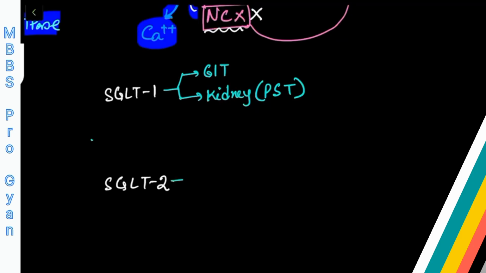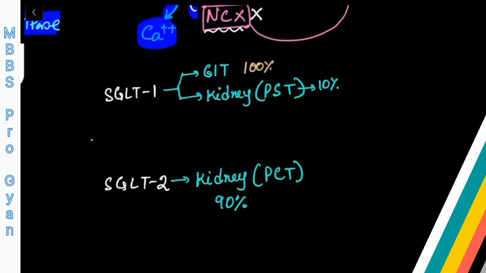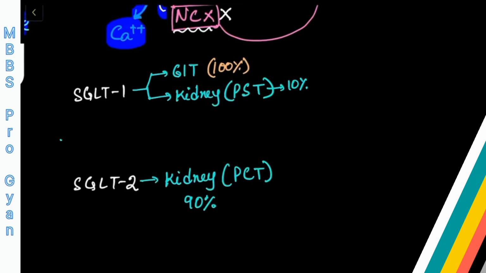Remember, the proximal convoluted tubule contains SGLT2, which absorbs 90% of the glucose from the kidney, and only 10% of glucose in the kidney is absorbed by SGLT1. But for the intestine, SGLT1 is absorbing 100% of glucose from the lumen to the intestinal epithelial cell.